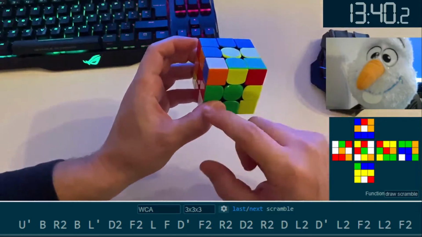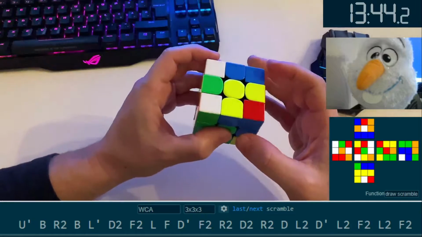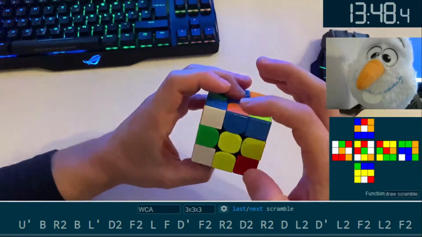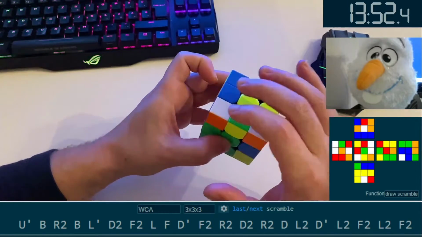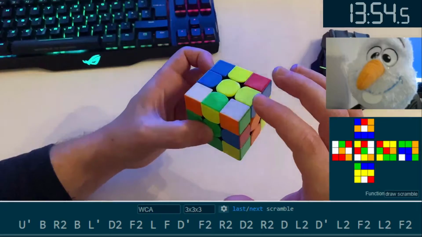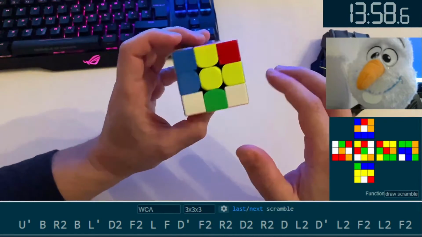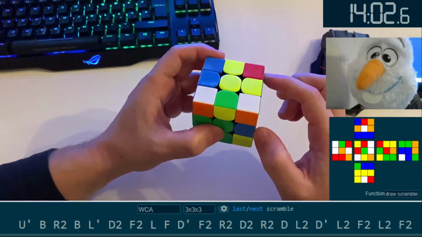So we start with the keyhole, and then facing green means we can solve this pair, the orange blue, easily, and then we can solve the red blue one.